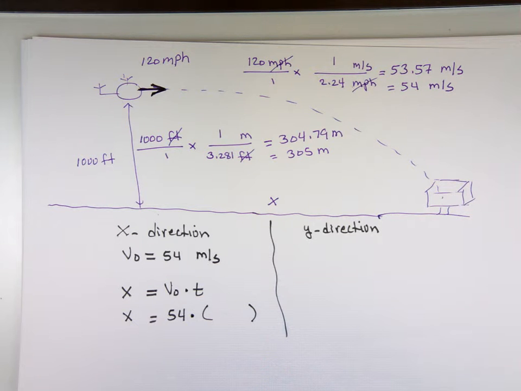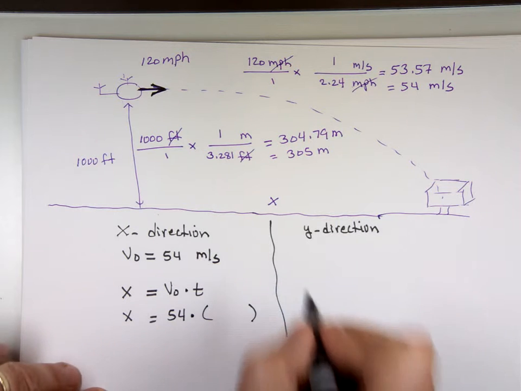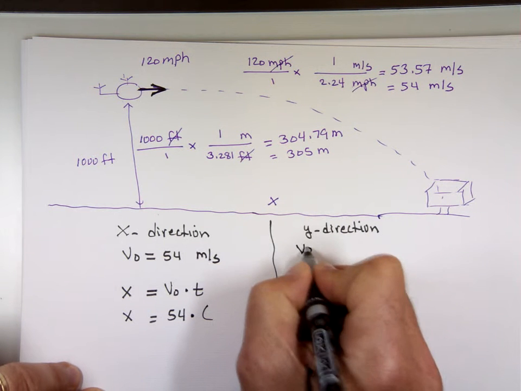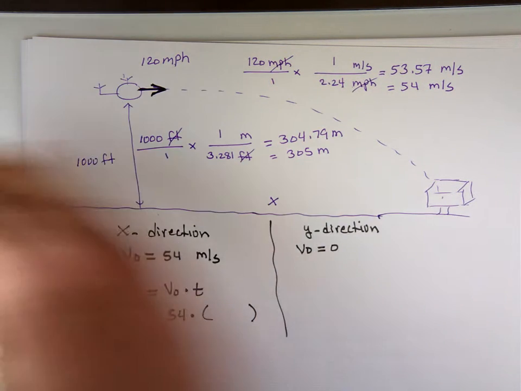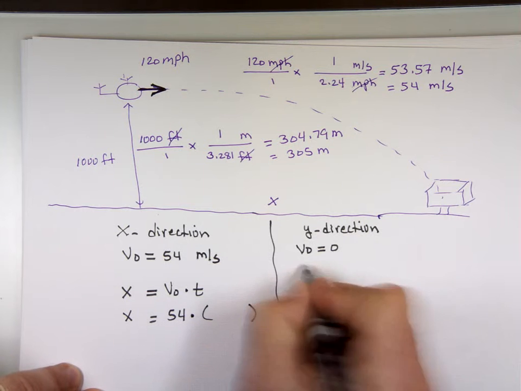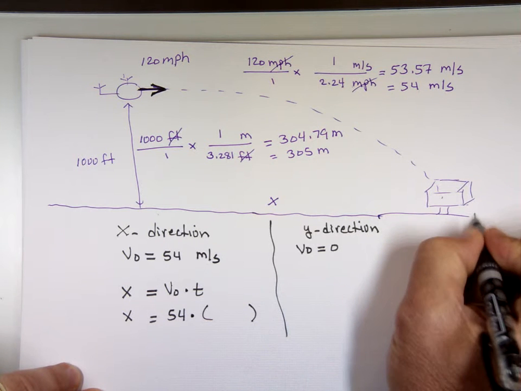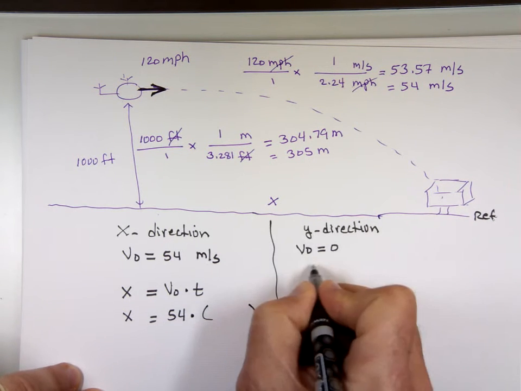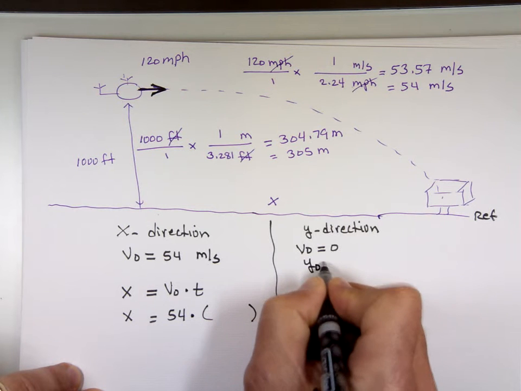In the y direction, the initial velocity is 0 in the y direction. The plane was going horizontally. If I use the water level here as reference, the initial height is what? 305.